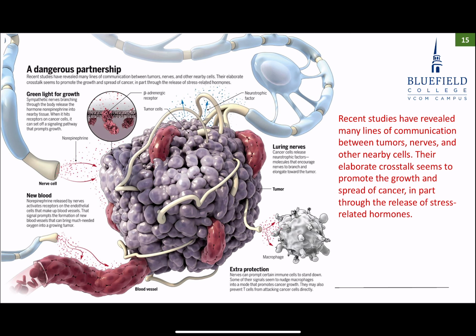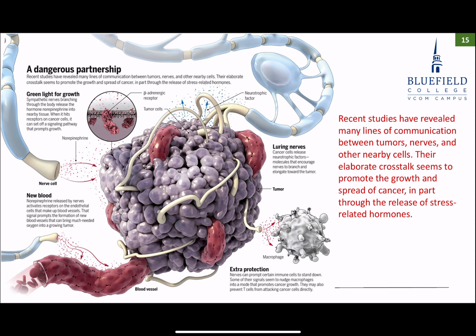It was noticed that when a nerve cell was put in a petri dish next to cancerous cells, they started to reach out to each other. The nerve cells were reaching out to the tumor, and the tumor was stimulated, and the cells were dividing further. So there was some crosstalk promoting the growth and spread of cancer.